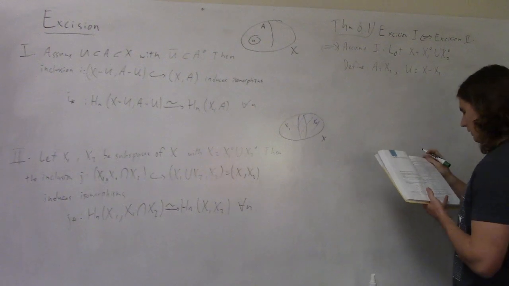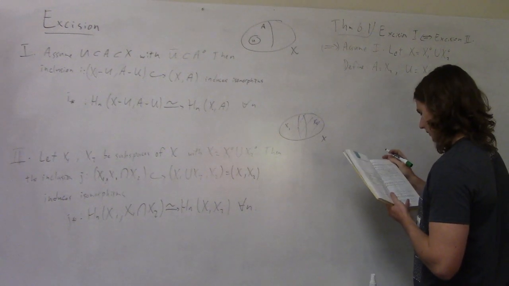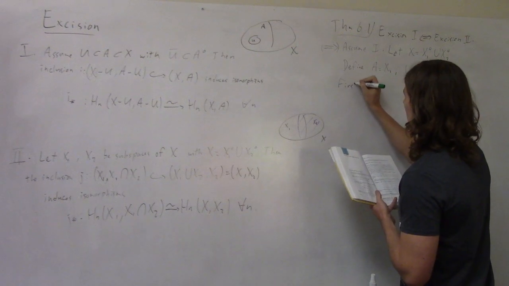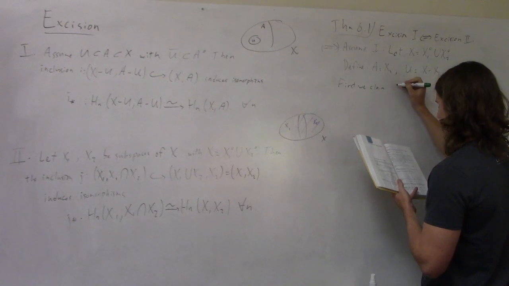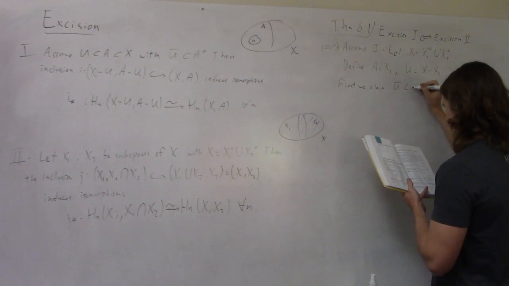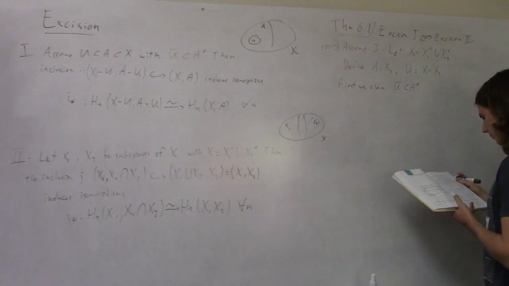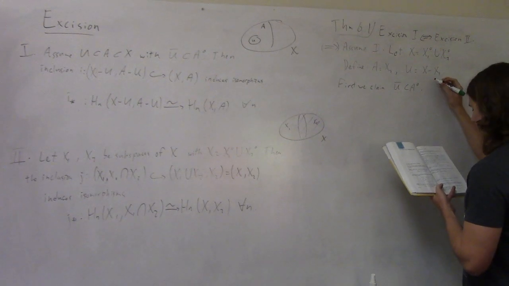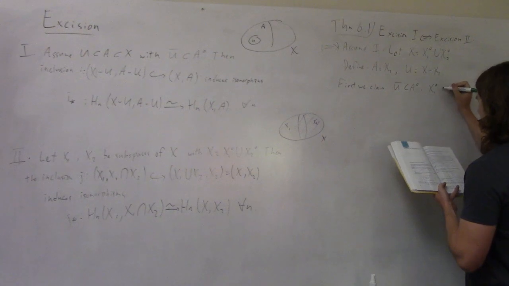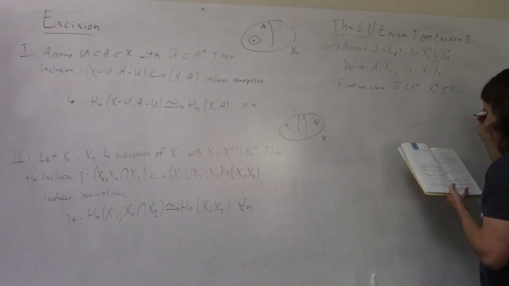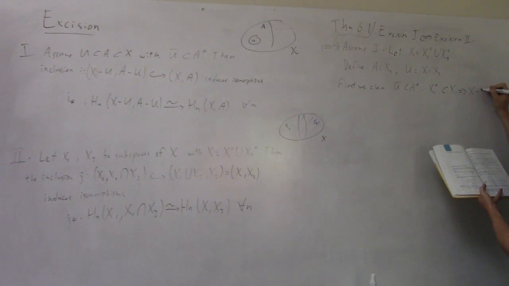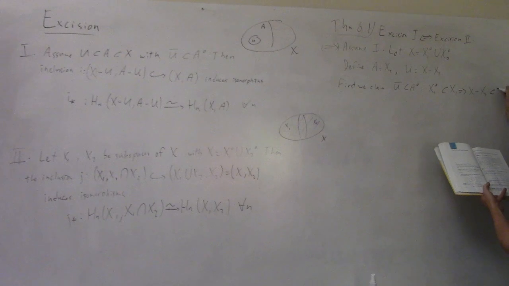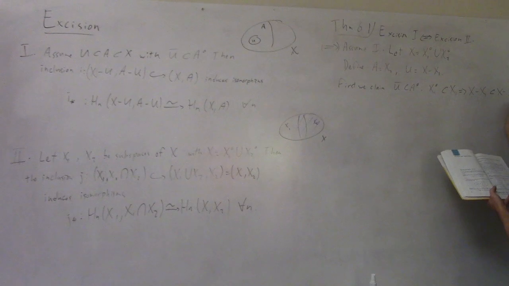First we claim that U bar is a subset of the interior of A. To prove that, the interior is a subset of the actual space, which implies that X minus X1 is a subset of X minus the interior of X1.